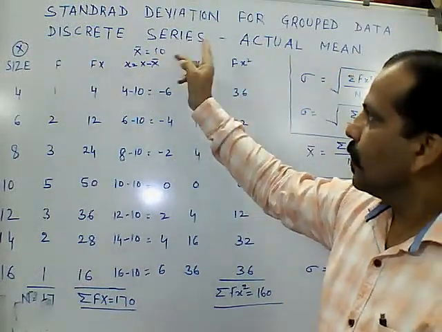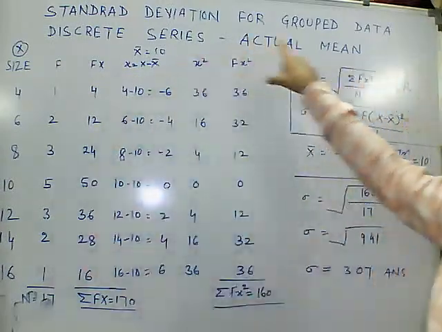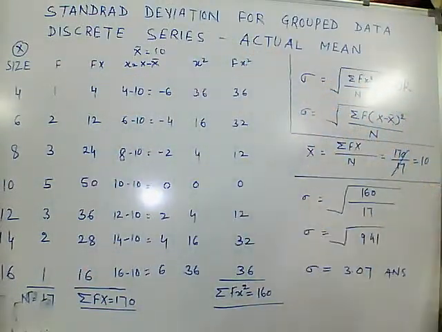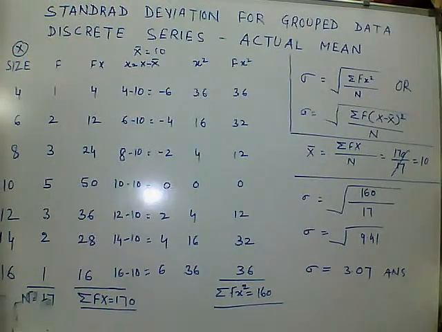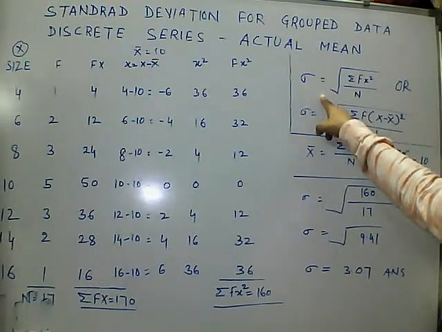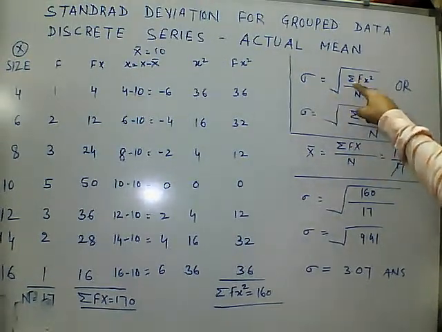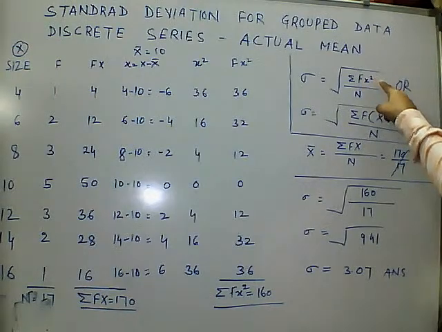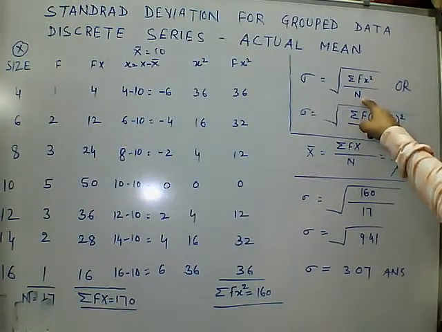Okay. So now the formula. Standard deviation, sigma, is equal to under root summation f x square divided by n.